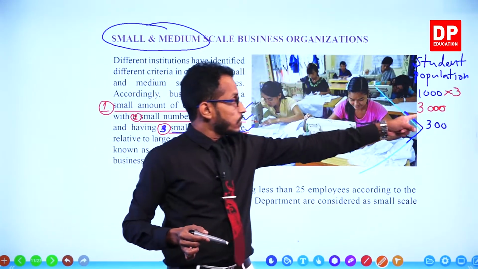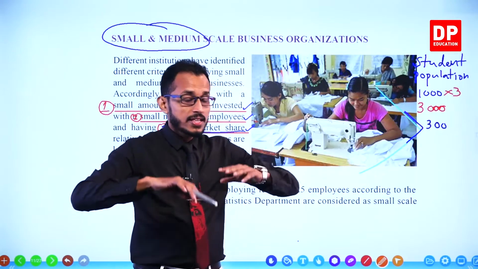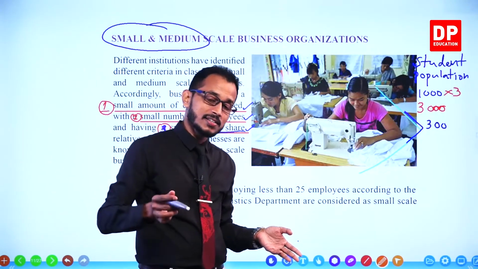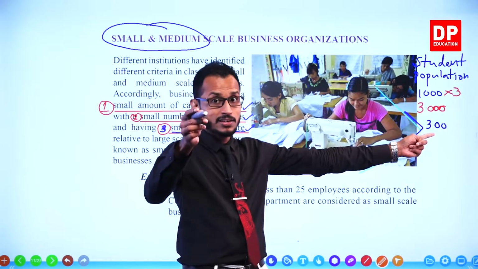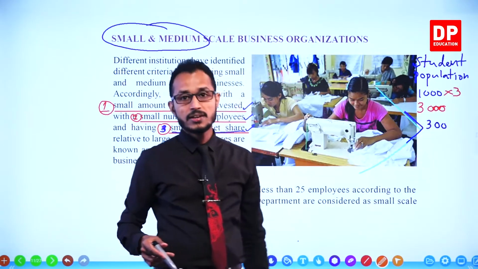But every year, the market demand or the market requires 3,000 uniforms. Your mother is providing only 300.